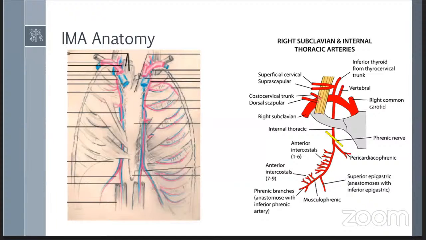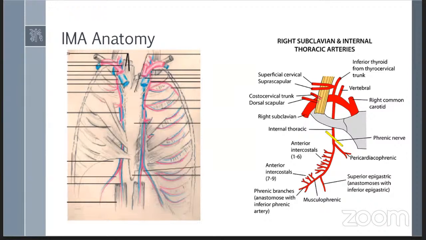And then it descends inferiorly at the level of the clavicle and the first rib, passes downward behind the subclavian vein and lateral to the innominate vein. At this point, by the first rib and the clavicle, the phrenic nerve crosses anterior to the internal thoracic artery. And at this point the injury risk for this nerve is higher.